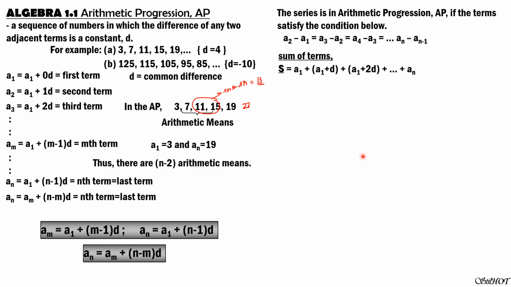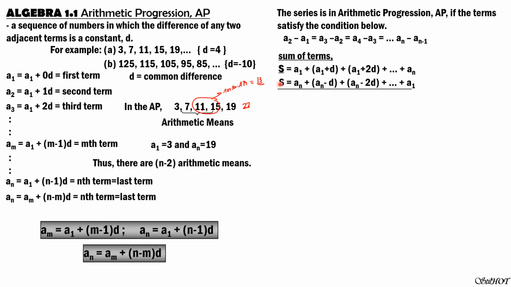The sum may also be represented if we begin at the last term, an. So the second to the last term would be an minus d. Third to the last term would be an minus 2d, up to the first term. Adding, we have 2s. Notice that d and negative d will vanish, 2d and negative 2d out.